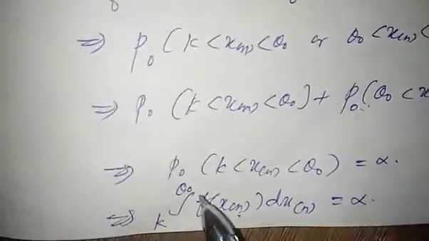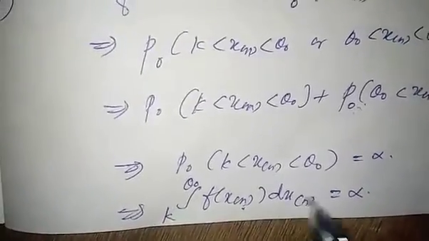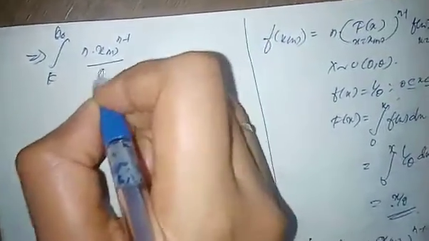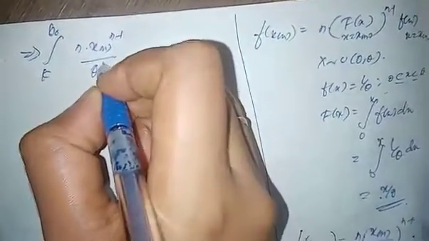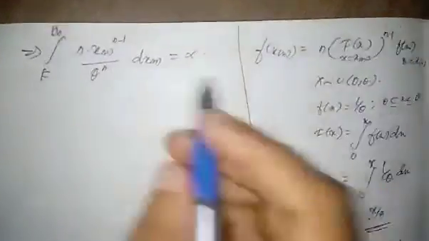Here we want to integrate k to theta naught of f of xn dxn equal to alpha, right? Which implies the integral over k to theta naught of n into xn power n minus 1 divided by theta power n dxn equal to alpha, right? Then we have to integrate that term, right?